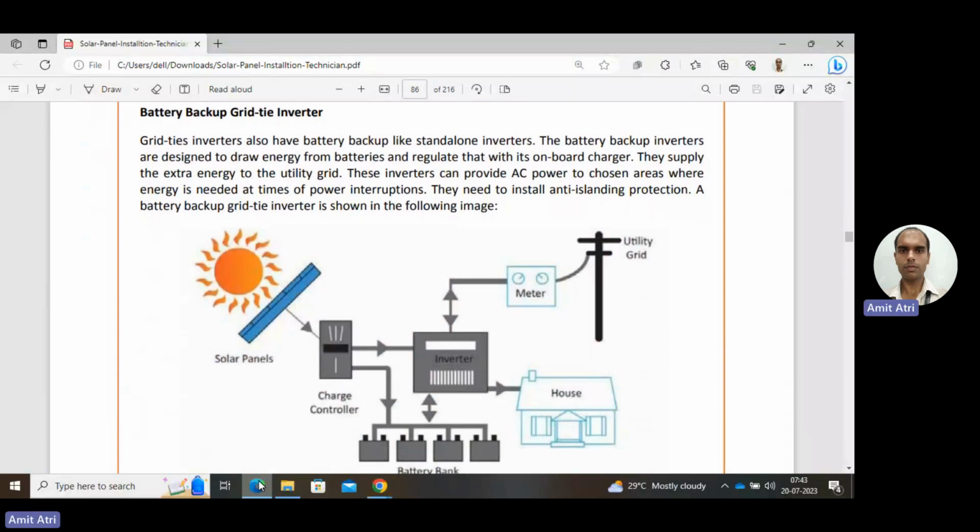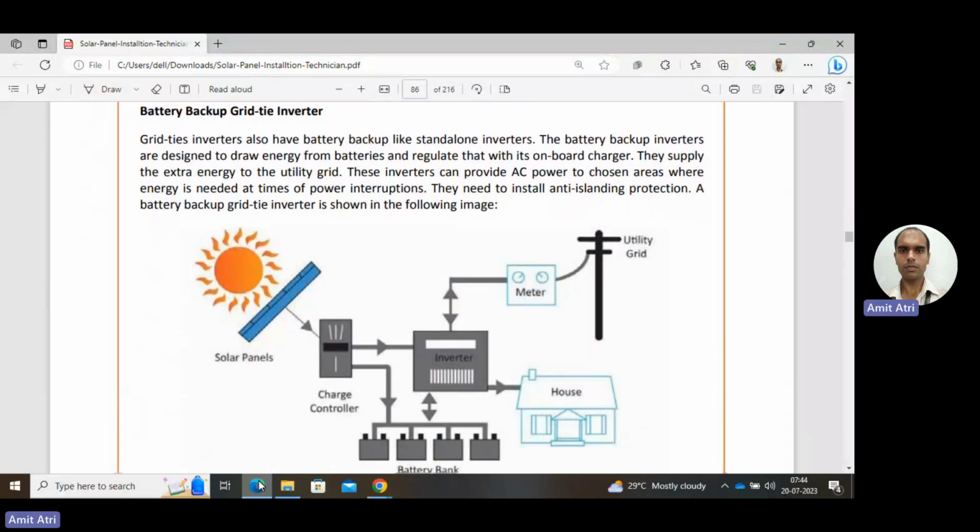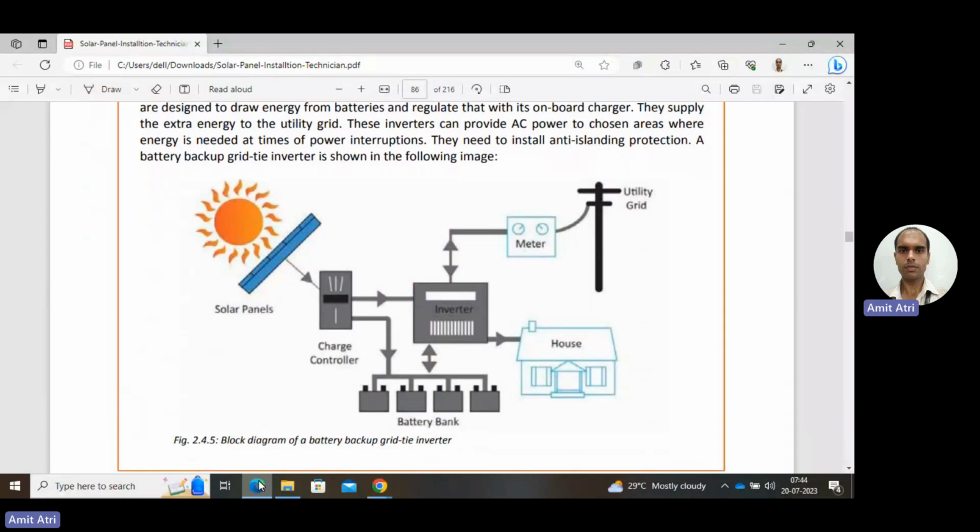These systems can provide AC power to chosen areas where energy is needed at times of power interruptions. So they have their own storage as well. They also need anti-islanding protection because we are supplying power to the utility grid. It is shown here in the diagram. It is almost a similar system as we just studied in the previous one, except that we have a battery bank as well.